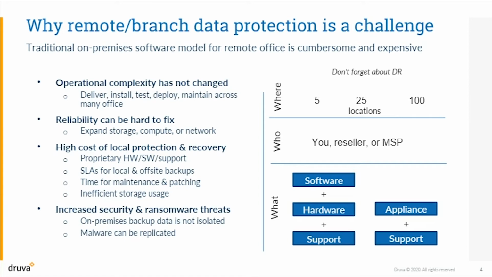And so data isolation is a key part of ensuring that you're able to protect that backup data and ultimately be able to recover. And finally, malware can have long times in which it's hidden and not found in an environment, and so simply assuming that, well, I've replicated my data offsite and therefore I'm protected, doesn't always solve that problem. Malware can be replicated if it's gotten into your system somehow.